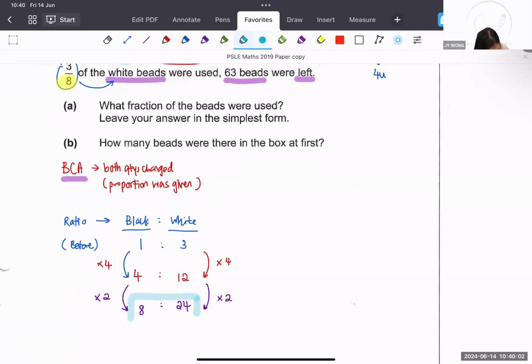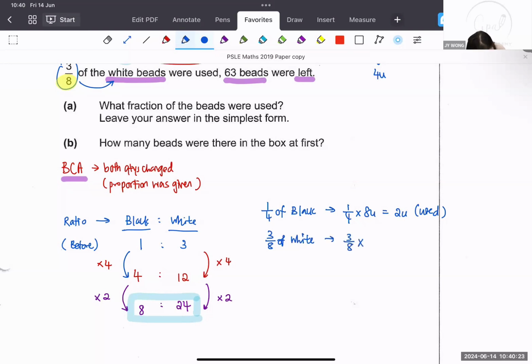Okay, so I'm going to work out the change. 1/4 of the black beads: 1/4 times 8 units, I'll get 2U. So this is the part that is being used. Then 3/8 of the white: 3/8 out of the 24 units, in total is 9 units that were used.